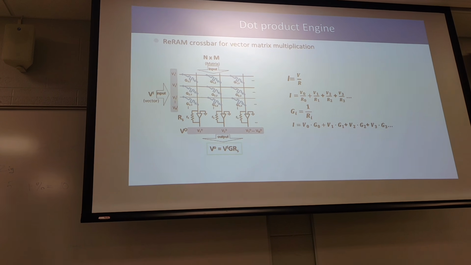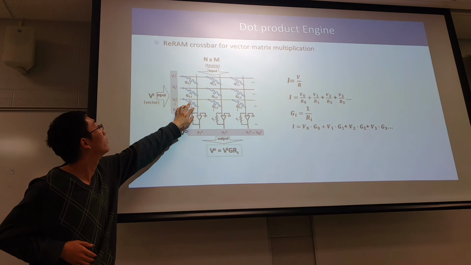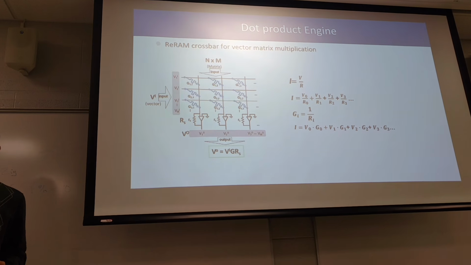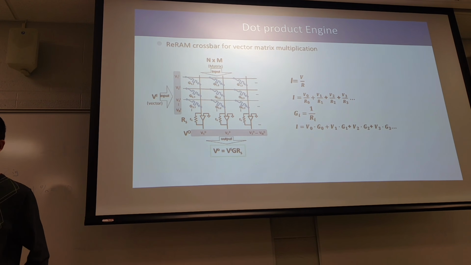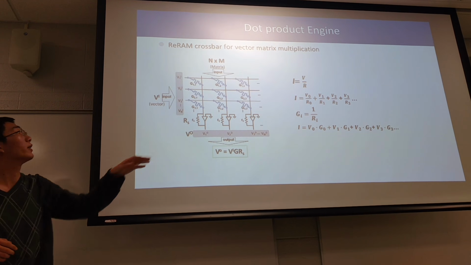There is a resistance matrix. This is a 3x3 resistance matrix, and this is a voltage input vector.